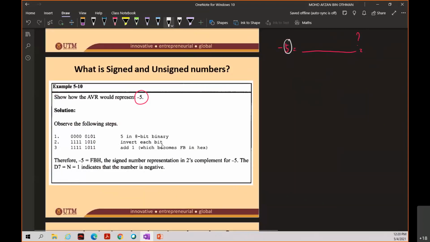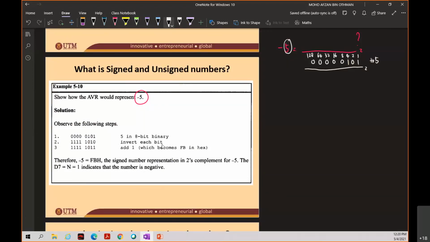We take the positive 5 and get its binary representation by using the weightage, or you can use the calculator. So I just use the weightage: 1, 2, 4, 8, 16, 32, 64, and 128. Then 5 is 4 plus 1, and the rest you just put 0. So this is the binary representation for positive 5.